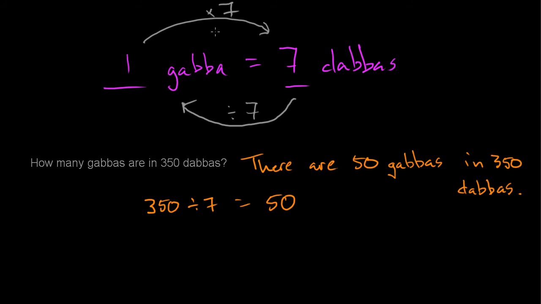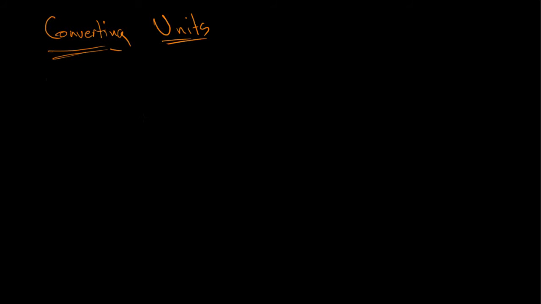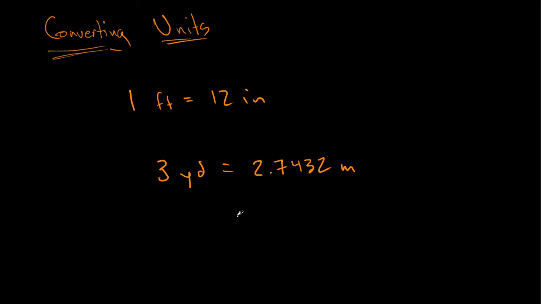This makes looking at measurements of different units an easy thing to think about. In all the examples I've used so far, I've had one unit that was by itself, like 1 foot equals a number of inches. But what if you had a conversion fact like 3 yards equals 2.7432 meters?